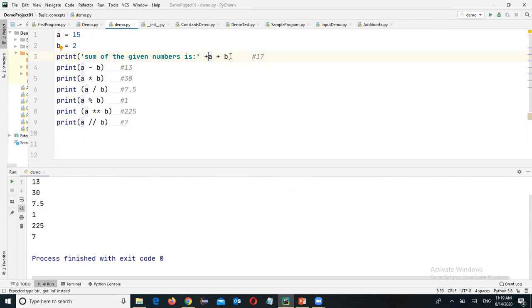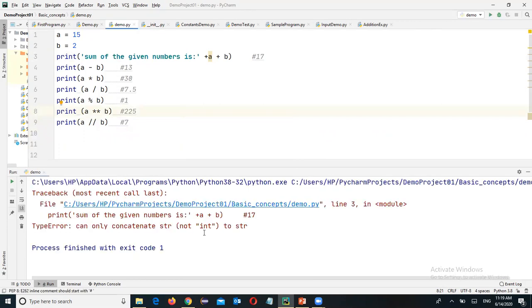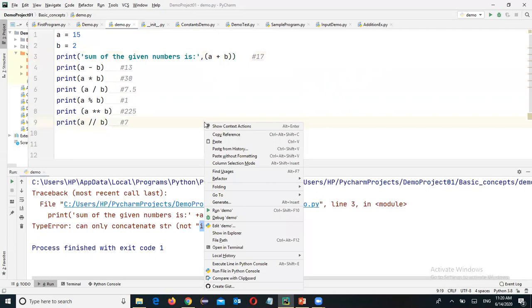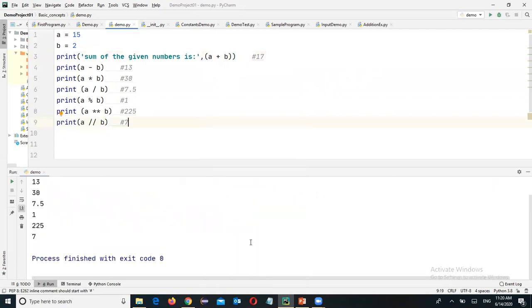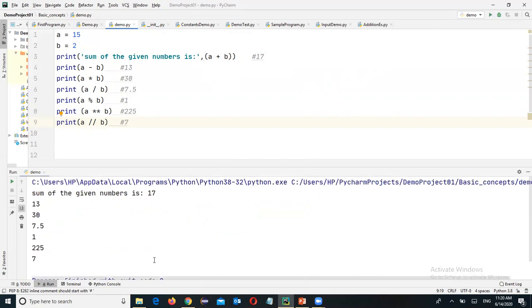If I use plus with the given numbers and a string, we get a type error, as we discussed earlier, because int and string can't be concatenated with plus. In this case, for different data types, you have to use a comma. Now if I run, it accepts it: the sum of the given numbers is 17. Understand? You can use a comma, not the plus operator, here.